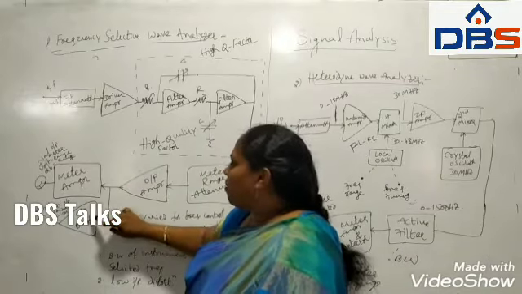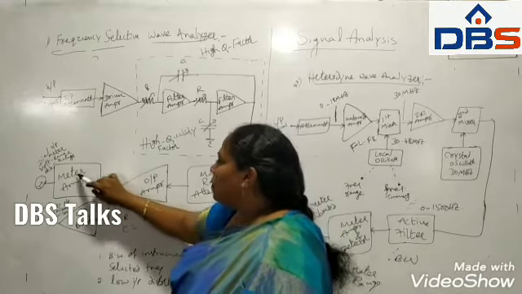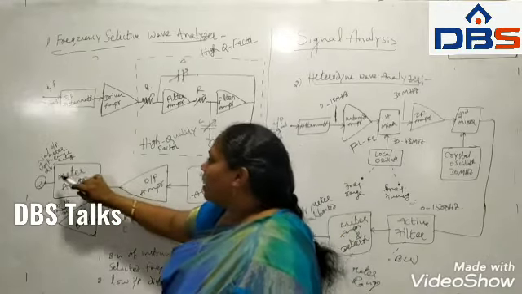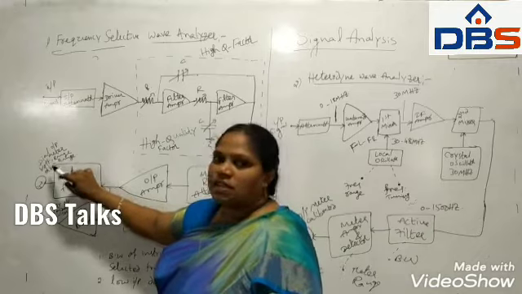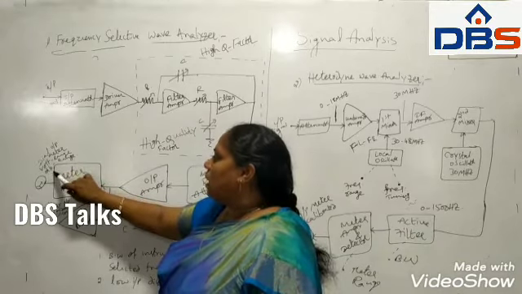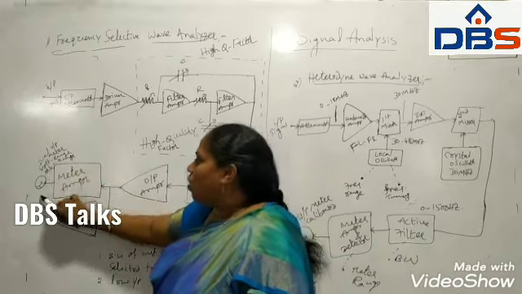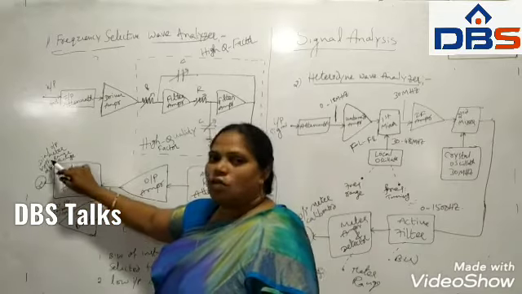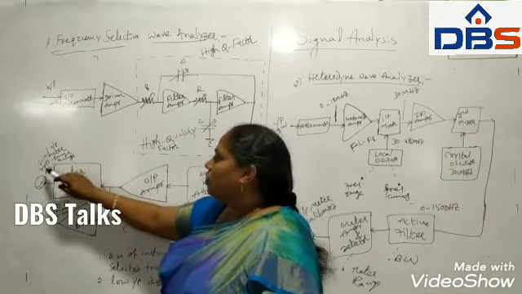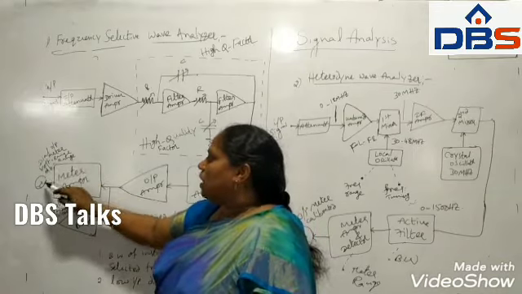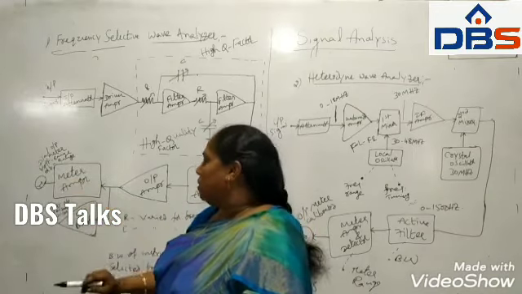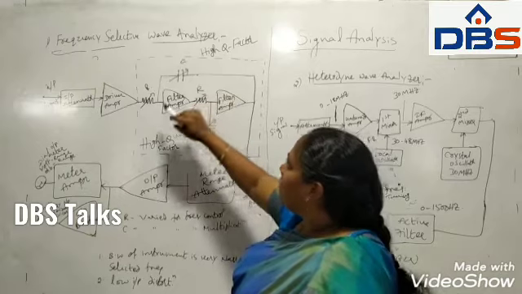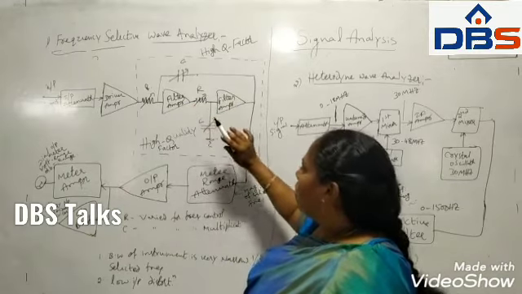So this is the buffer output and this is the meter amplifier. Finally the output we consider in volts or dBs. That is the output meter range. If it is voltage, we can measure the voltages; if it is dBs, we can measure the dBs. So this is the frequency selective wave analyzer.